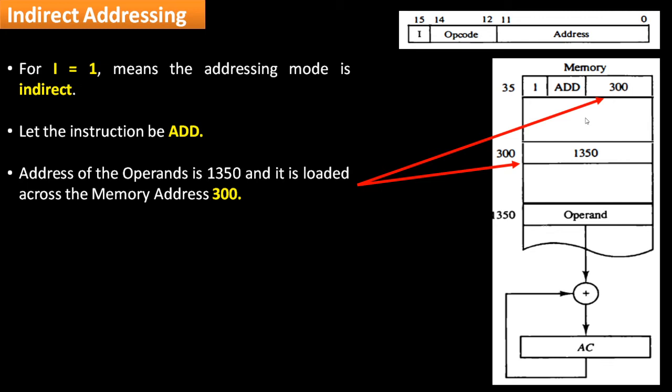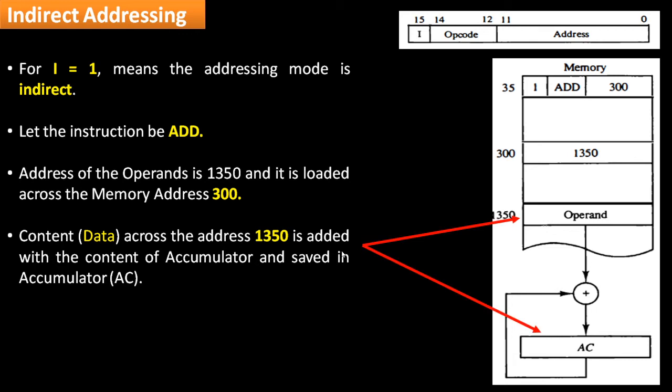So at memory location 300 we have the address of the operand. So we are indirectly pointing to the operand, where the address given in the instruction is nothing but the location where the operand's address is stored. Hence we call it indirect addressing.